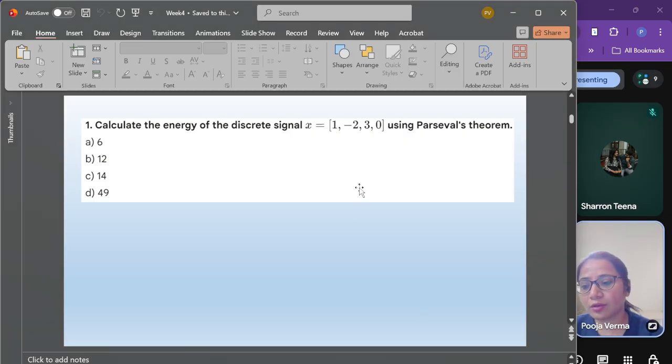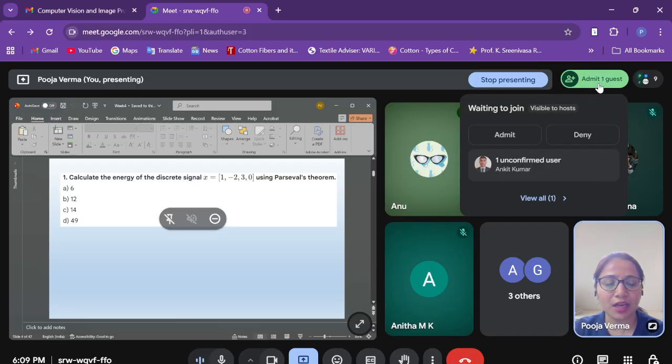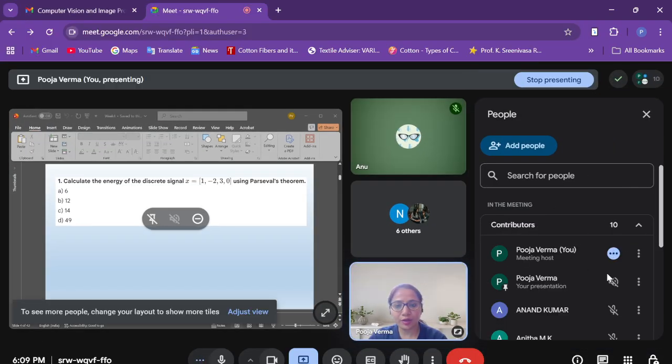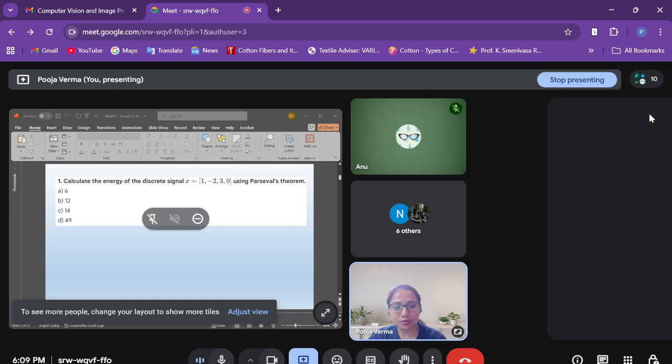As you already know, the energy is the sum of the squared magnitude of the samples. This is Parseval's theorem. Using Parseval's theorem, the energy can be calculated as the sum of the squared magnitudes of the samples.